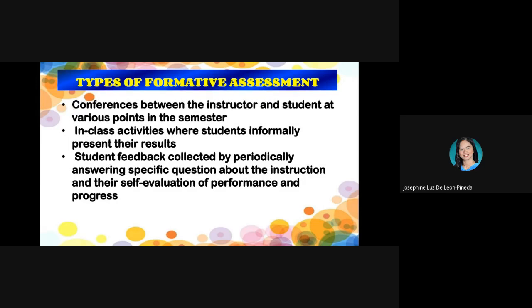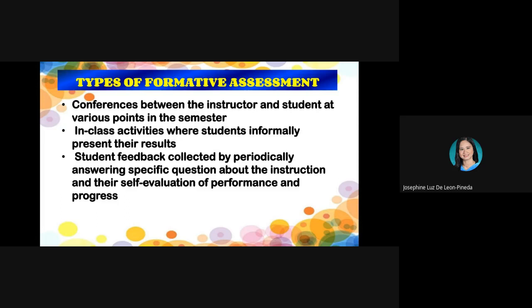Okay, you can also have formative assessment by doing this: conferences between the instructor and student at various points of the semester. Ibig sabihin, magkakaroon kayo ng discussion with the instructor para makita ninyo kung ano na yung development ng estudyante, yung learning niya, no, during the semester. So you can have in-class activities where students informally present their results.